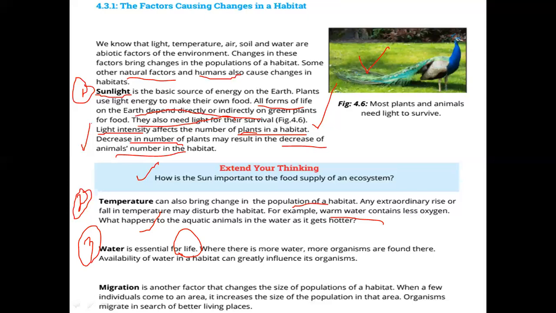Where there is more water, more organisms are found. If in any place the water is decreasing or there is less water availability in that habitat, it will definitely influence the organisms. Either the organisms will migrate from that habitat to another habitat where the water is present, or the organisms can die over there.